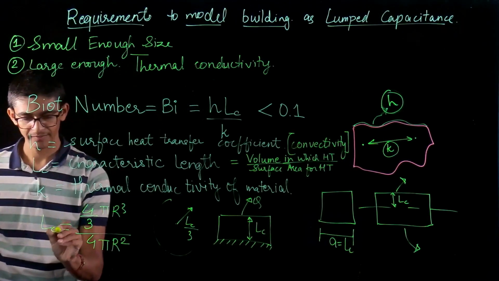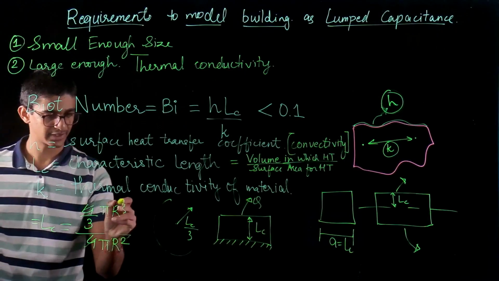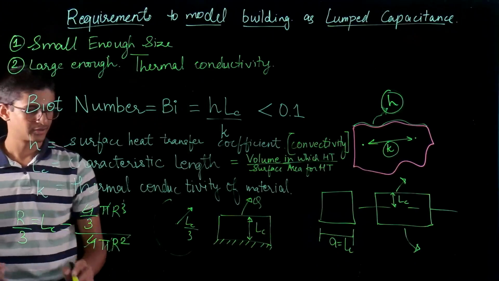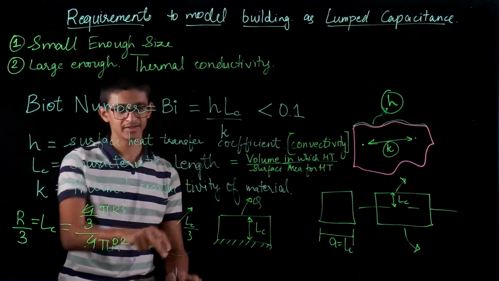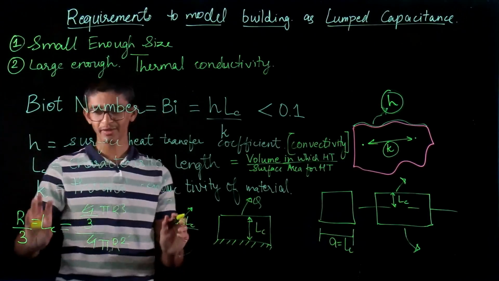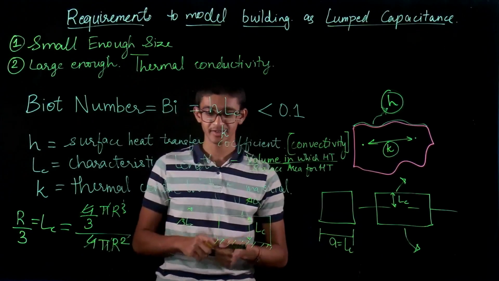Hence my Lc will be equal to, the 4 gets cancelled, pi gets cancelled, r squared gets cancelled with r cubed. So my r by 3. So if this is r, then Lc will be r by 3. It's very simple. This is the procedure to calculate the characteristic length.